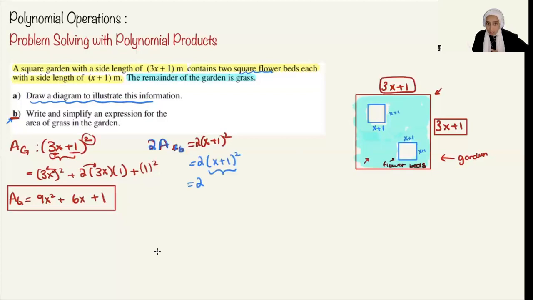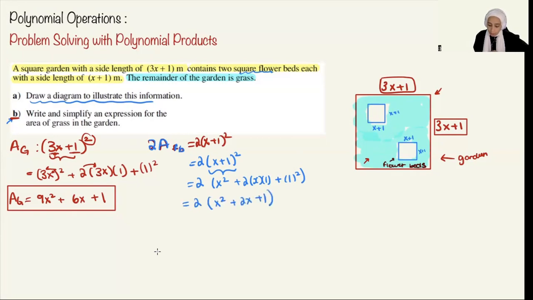And this is again the square of a sum. So over here, I'm going to go first term squared plus 2 multiplied by first term multiplied by second term plus 1, the second term squared. Okay, all right, so let's simplify this. We'll have 2x squared plus 2x plus 1.